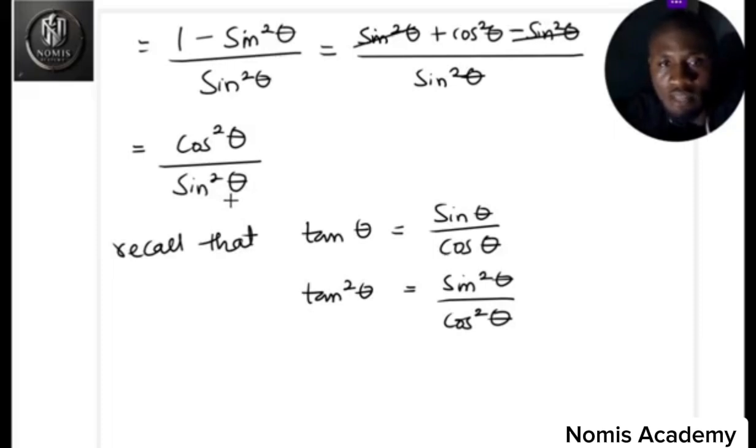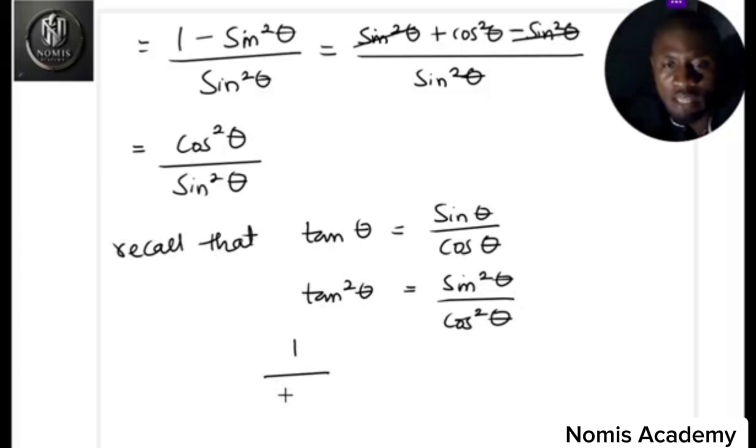If that is the case, the inverse is what we have here. Cos, which is supposed to be the numerator there, is now the denominator here, and the sine, which is the denominator there, is now the numerator here. That tells us that what we have is an inverse of tan.